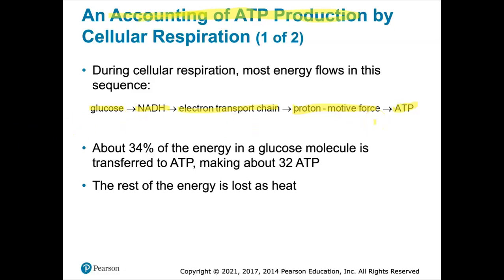Now, no process that gives off energy is 100% efficient. A typical gasoline engine, I'm not talking about the newer energy efficient models, I'm talking about an older Ford or Chevrolet gasoline engine, is going to be about 25% efficient.